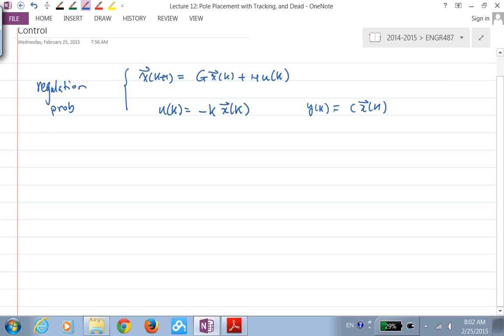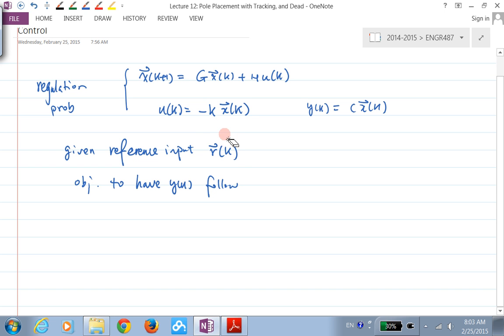The idea is basically, given a reference input, let's say we call that r of k, what do we want? We want our y of k to follow this r of k, right? So the objective is to have y of k follow.